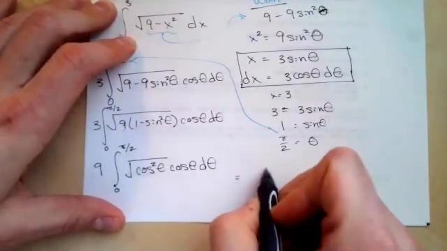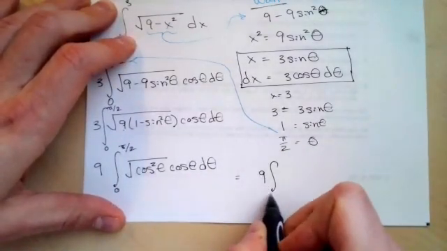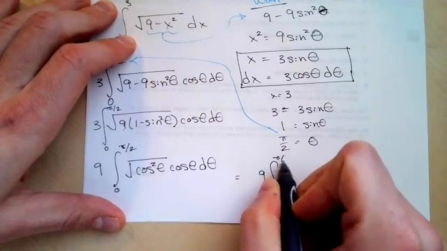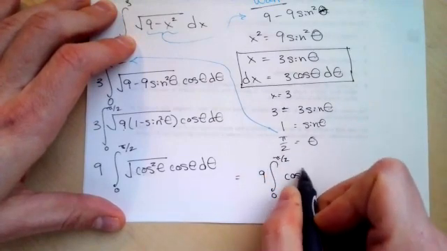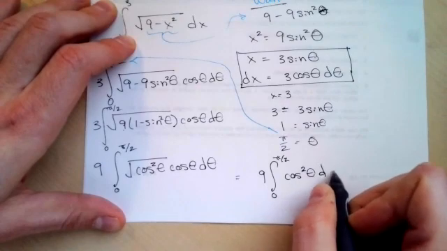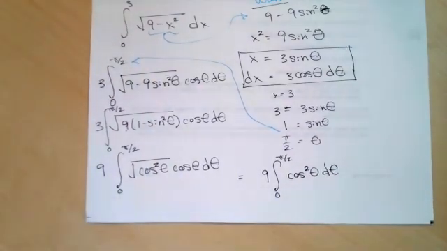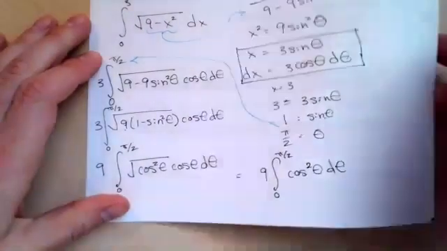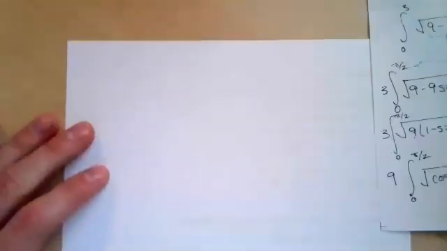And now we see our integral of 9 times the integral 0 to pi over 2 of cosine squared. And so now we're back at our previous techniques. We see why these trig integrals end up being important. So integral of cosine squared, let's go through real quick.